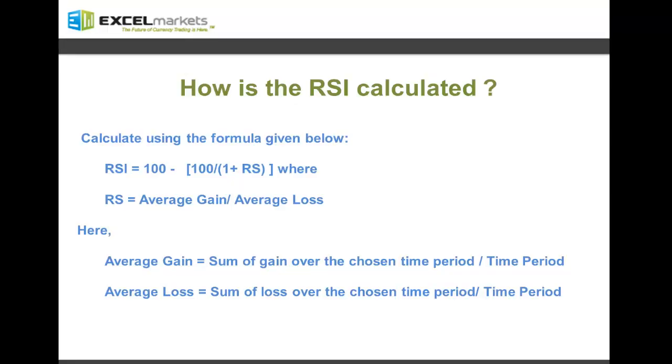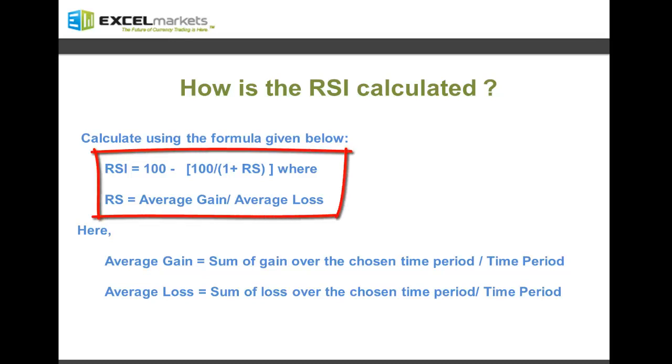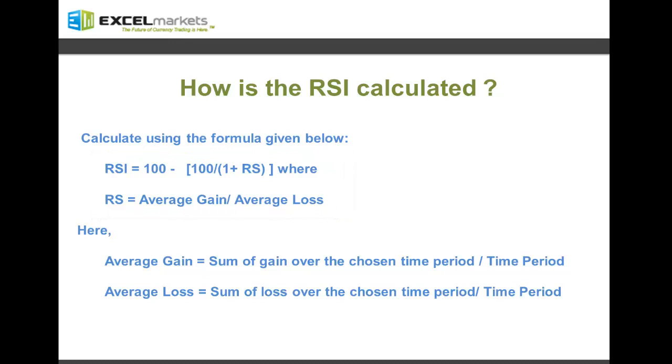The formula used to calculate the value of RSI is as given. RSI is equal to 100 over 1 plus RS, where RS is the ratio of the average gain to the average loss.